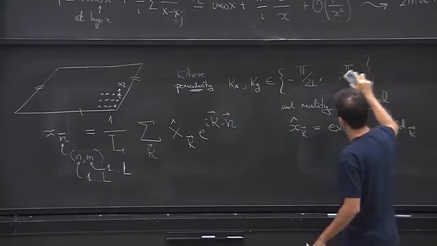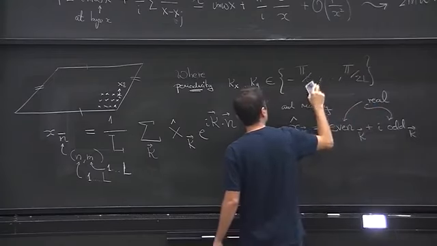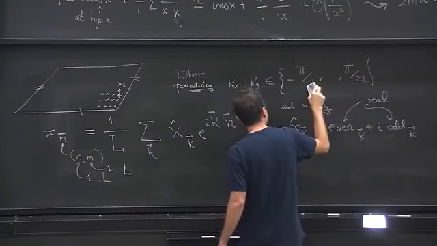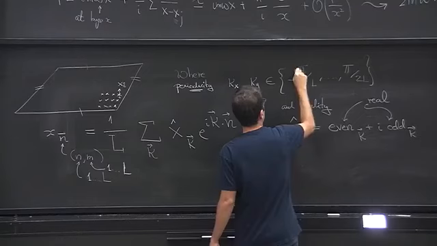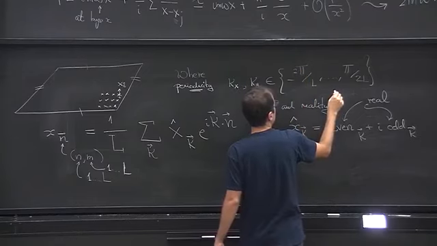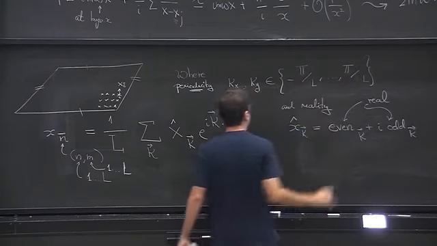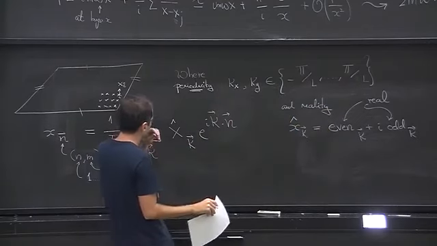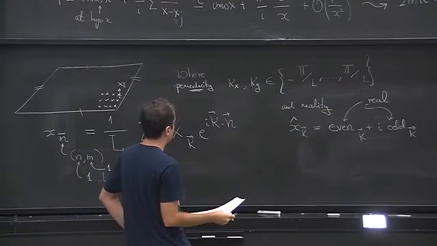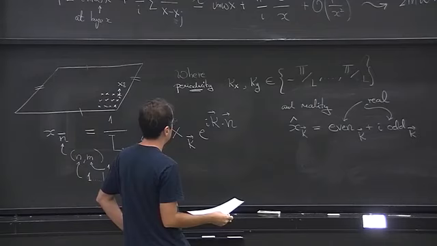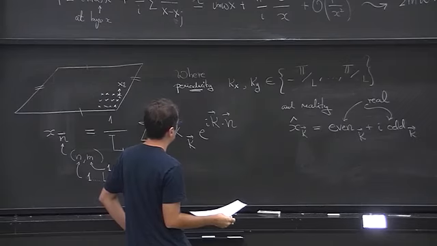2 pi over 2L. Sorry, one second. Minus pi over L. No, that's actually correct. Pi over 2L.